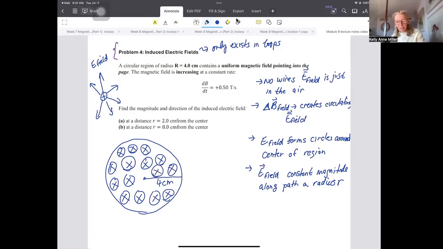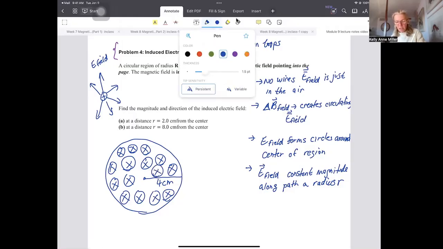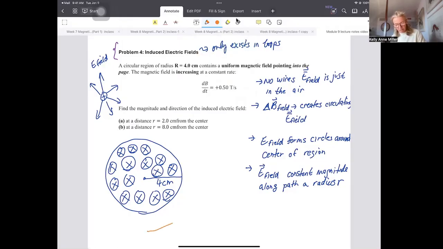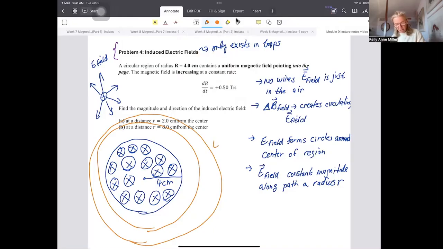Okay, so we're going to get an induced electric field all around this, in loops. The magnitude of the E field in each of these circles depends on how far it is from the center of the loop.